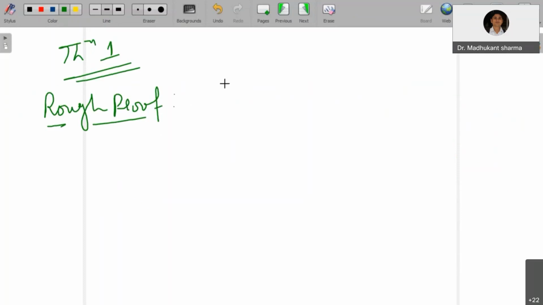What is given is the vector field F equals M i plus N j plus P k. I'm using abused notation here.